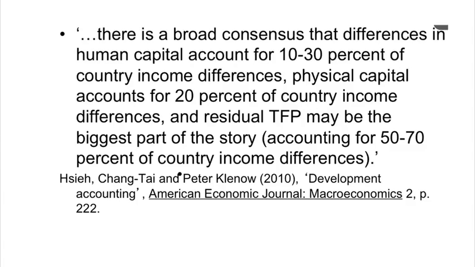They say there's a broad consensus that differences in human capital account for about 10 to 30% of country income differences, physical capital accounts for about 20% of country income differences, and total factor productivity is likely to be the biggest part of the story, accounting for about 50 to 70% of country income differences.